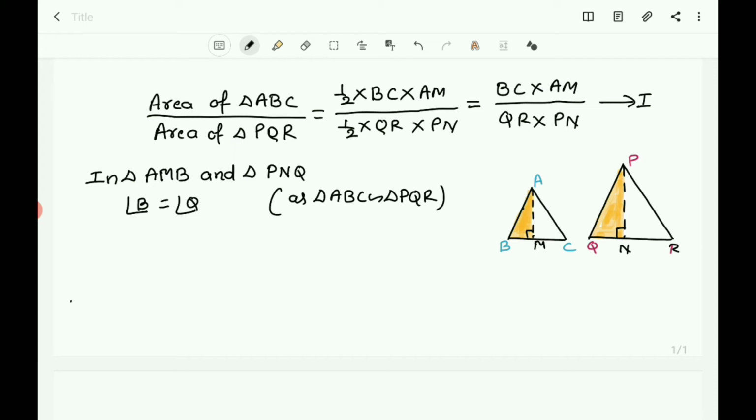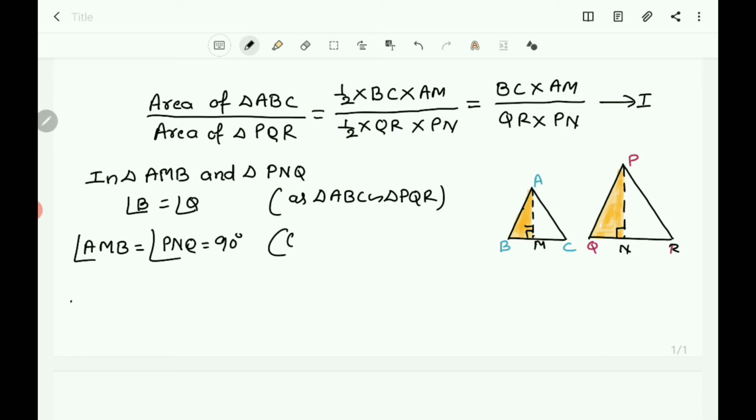Next you write angle AMB. You know that as AM is perpendicular to BC, angle AMB is 90 degrees, and also in triangle PQR, PN is perpendicular to QR. Therefore, angle PNQ is also equal to 90 degrees. So you write angle AMB is equal to angle PNQ, both are 90 degrees.